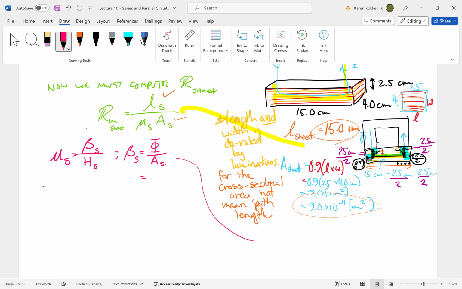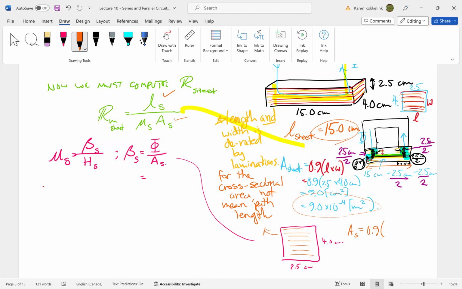The area of the sheet section is, if I were to draw this, it's got a length and a width, and 2.5 centimeters is the length, 4.0 centimeters is the width, but it's laminated. So we listen to ourselves over here, which says length and width are derated by the laminations. So area of the cross section is 0.9. 90% of it is sheet metal because 10% of it is actually a laminate.